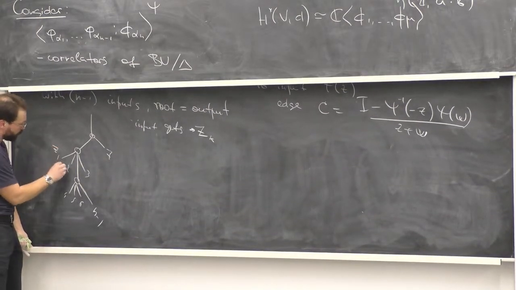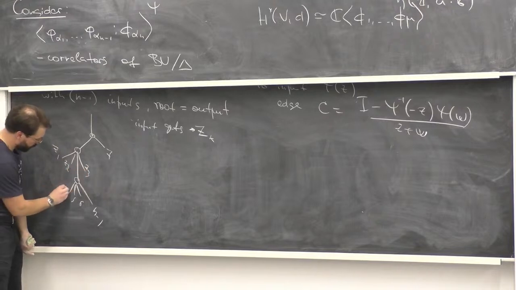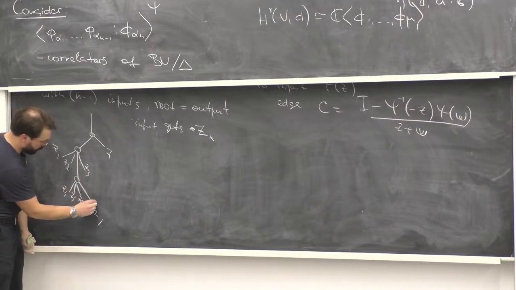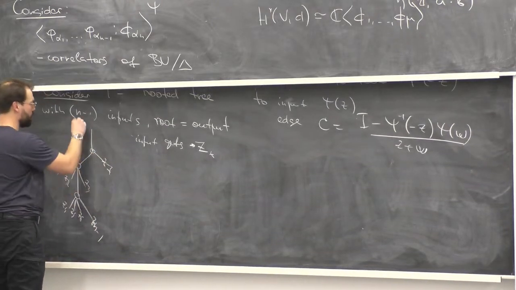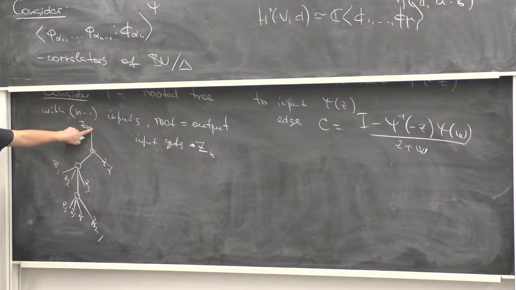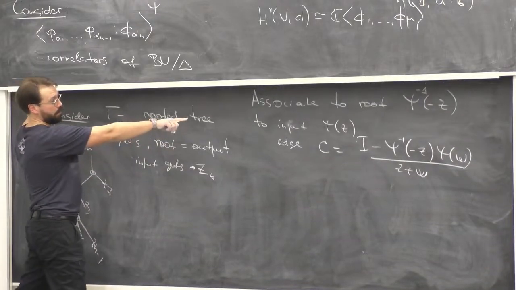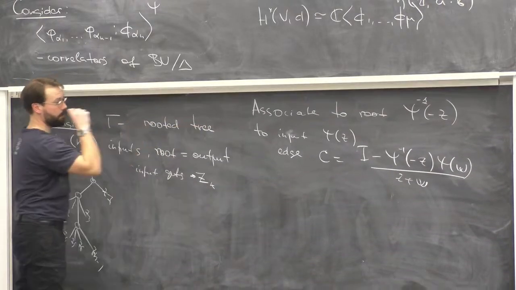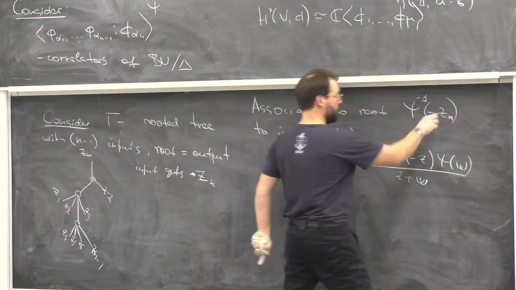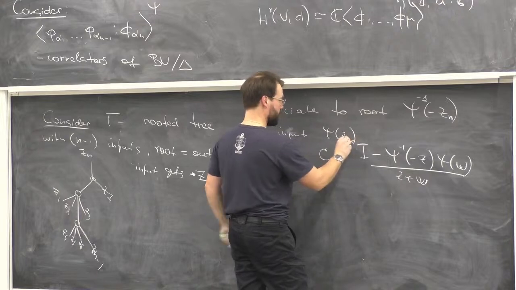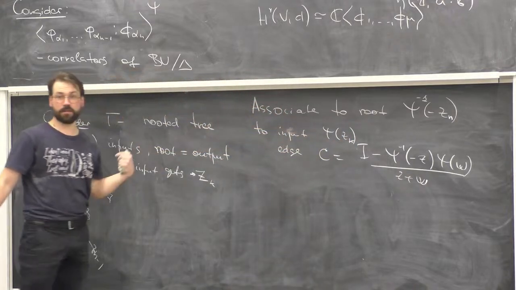So I have here z1, z2, z3, up to z_{n-1}, and the output gets its own variable zn. So when I associate psi to the root or any input, it gets psi with its own variable.